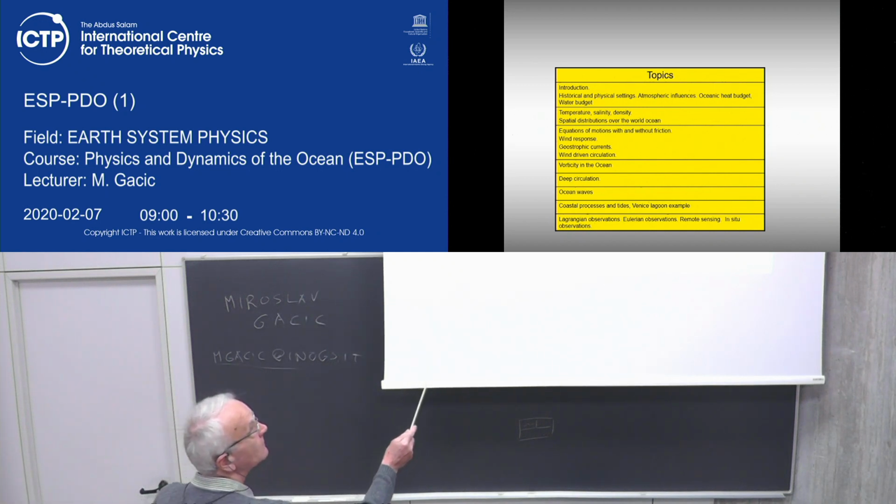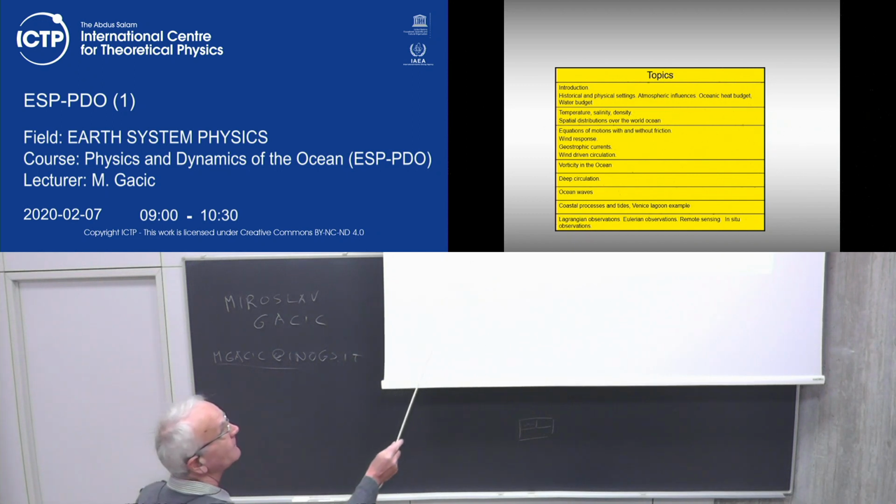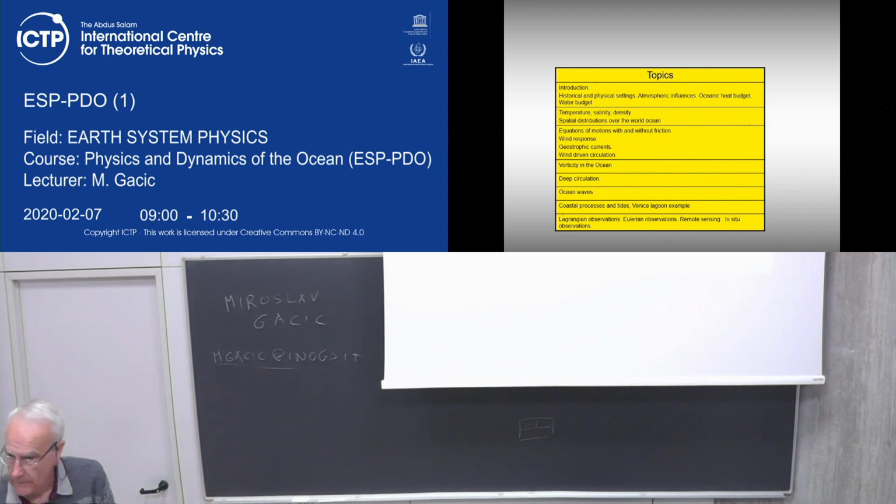We have the response to the wind, and then we have something called geostrophic currents. Those who have some experience in meteorology know that the geostrophic wind is a specific solution of the equations of motion. Equivalent to the geostrophic wind, we have geostrophic currents in the ocean.